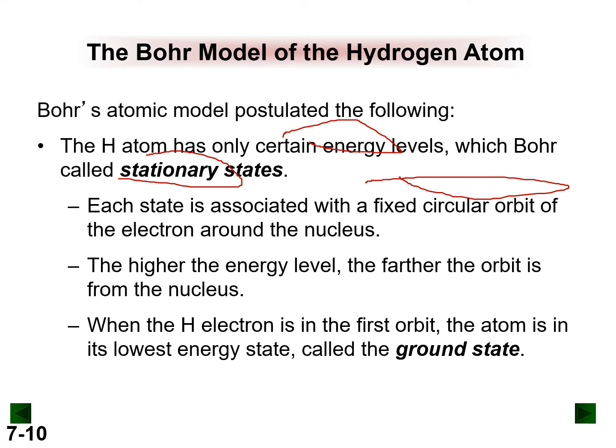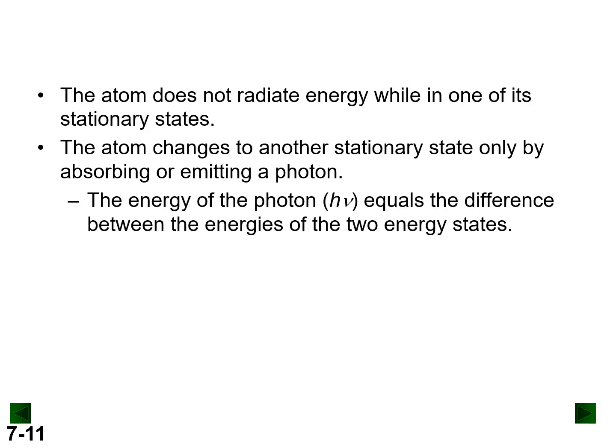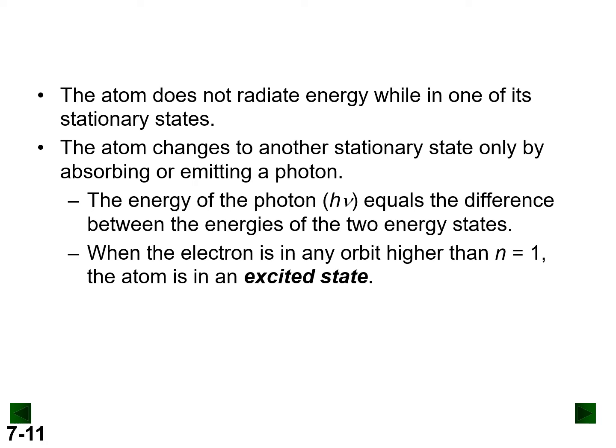The higher the energy level, the farther the orbit is from the nucleus. When the electron is in the first orbit, it is in the lowest energy state, and we call it the ground state.